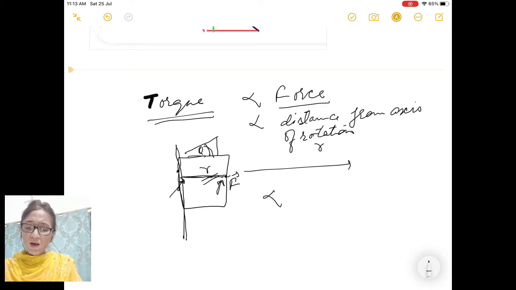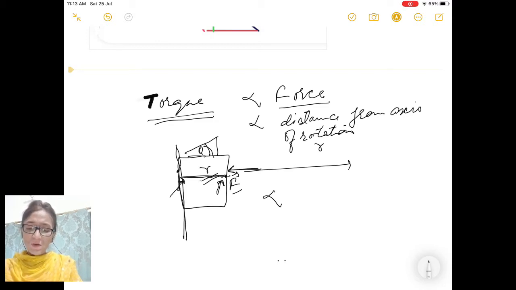Now one more thing: if the angle between the direction of force and R is changed, you will find that the rotational effect is changed. If the angle between the two is made 0 degrees or 180 degrees, like in this case, you are applying a force along the axis of rotation.